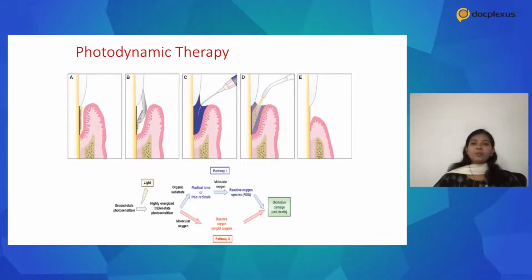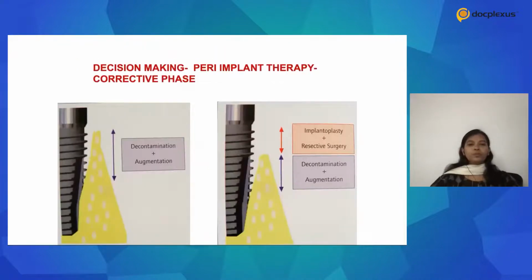Photodynamic therapy involves the usage of a dye which particularly targets the microbial organisms. When you then irradiate them with laser, only those microorganisms will be killed, ensuring that the native tissues are preserved.